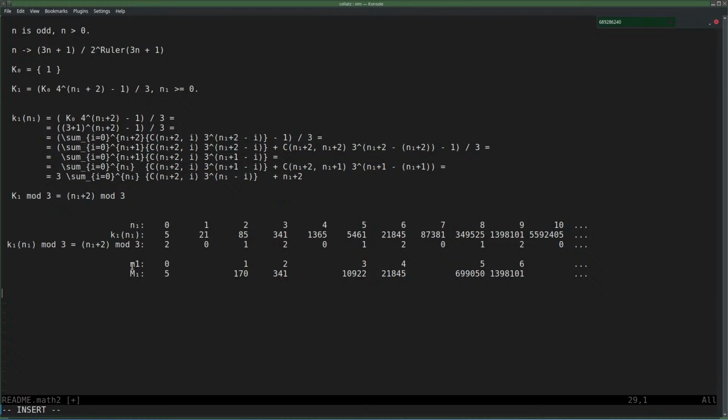Okay, how can we do that? Well, I have a formula for M1. Sorry, yeah, for M1. And the other way around. I really want to use math symbols. Let me go back.